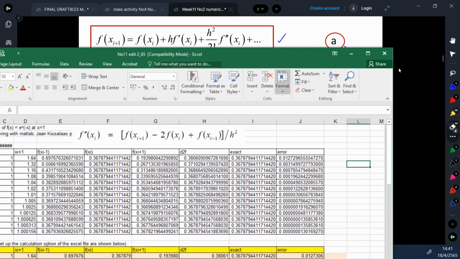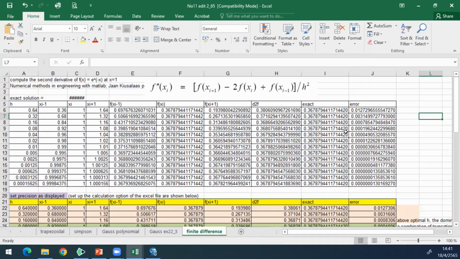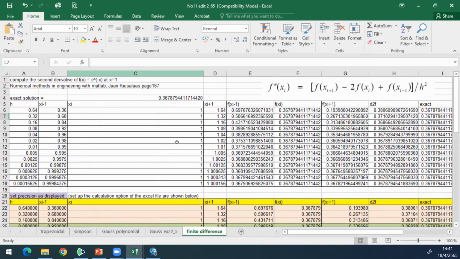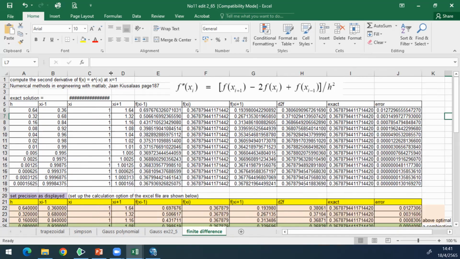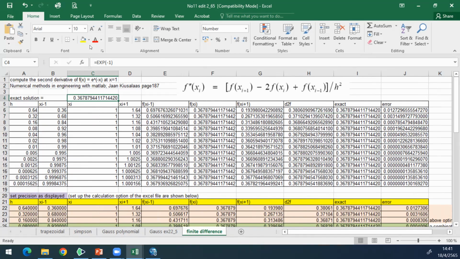Okay, you see that, this is the example in the slide. For the case where the exact solution is maybe like this, okay, this is the exact one, and if I use an accurate 15 digits in calculation, you will see that the error is reduced.